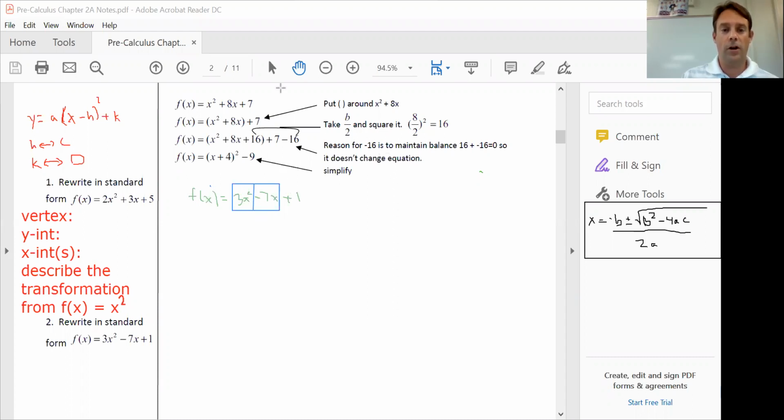So when I factor out my a value, that 3, I'm left with x squared minus 7/3 x.